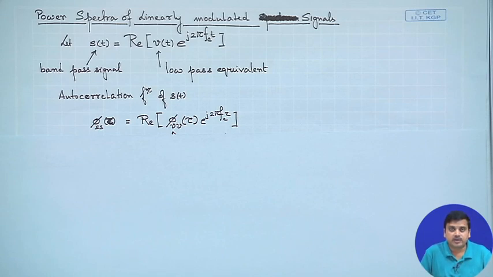So, we had derived in detail the relationship between the pass band and the low pass equivalent representation of the autocorrelation function, and we did identify that the autocorrelation function expression looks very similar to the relationship of the low pass equivalent representation of the signal and its corresponding pass band.